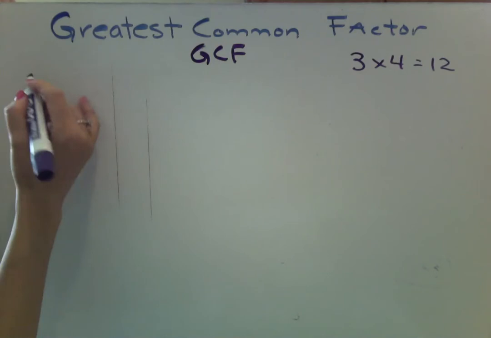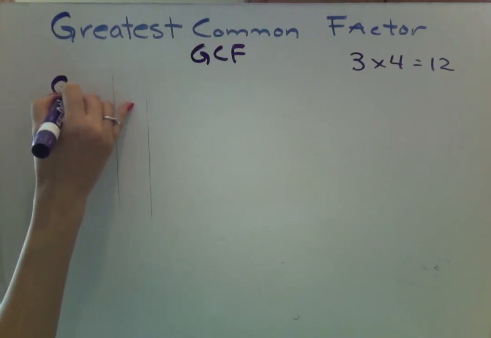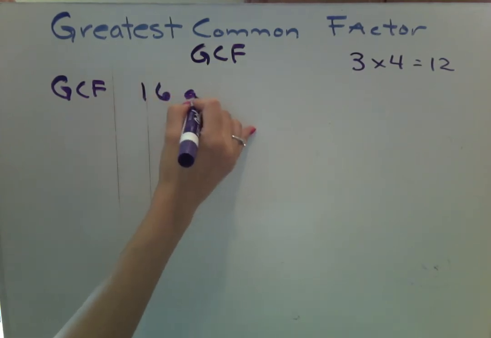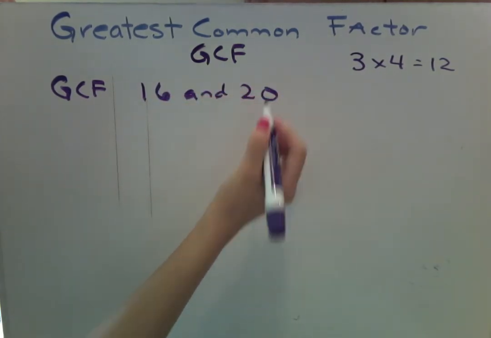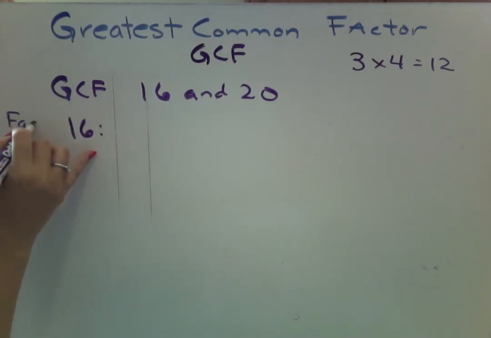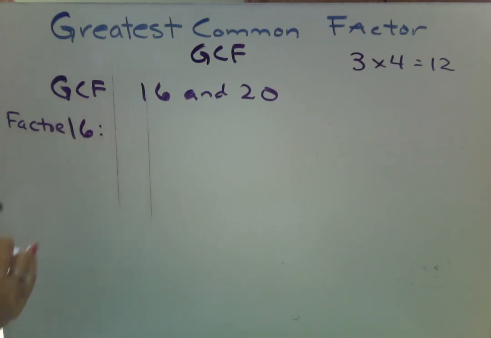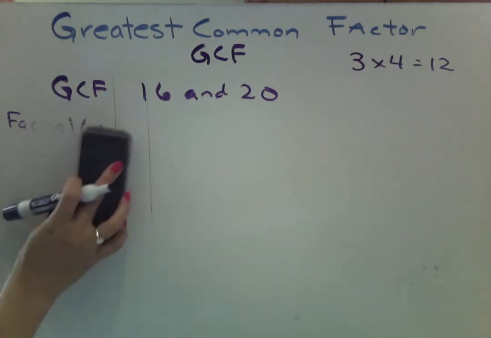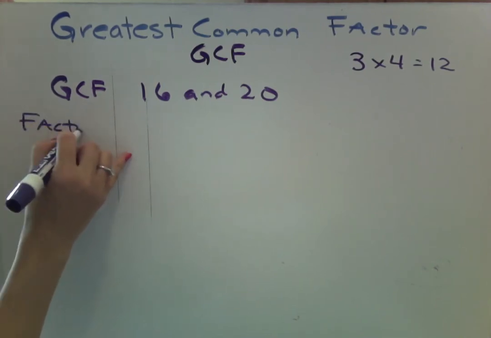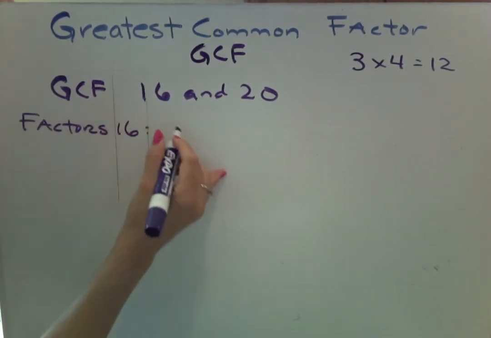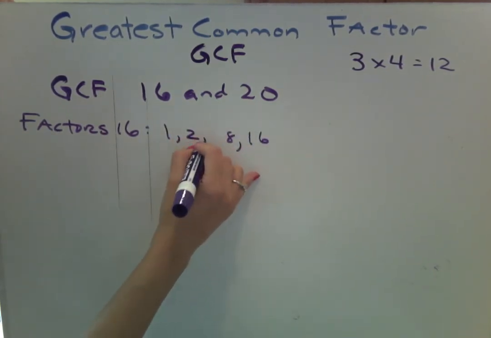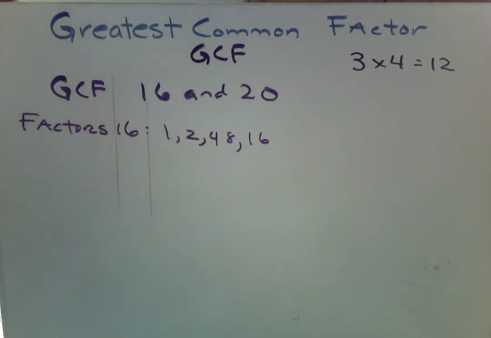Now, what they're asking is, what is the greatest common factor of two numbers? So let's say 16 and 20. In the previous videos, we found out the factors of 16 were 1 and 16, 2 and 8, and 4. 4 times 4 is 16.